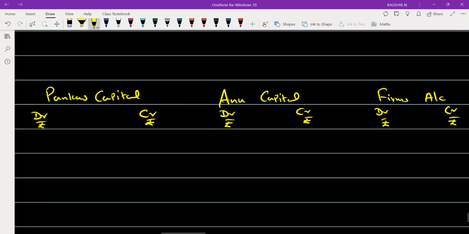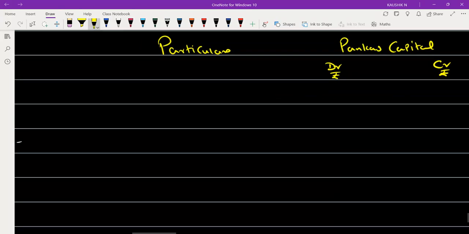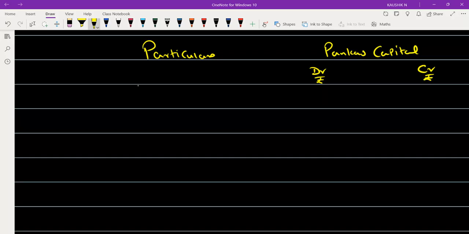So only interest on drawings now you have to provide it. Okay, so you have to write in the particulars column as interest on drawings. Okay, now charged.